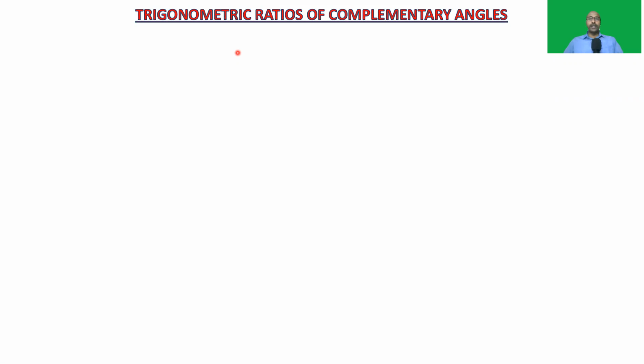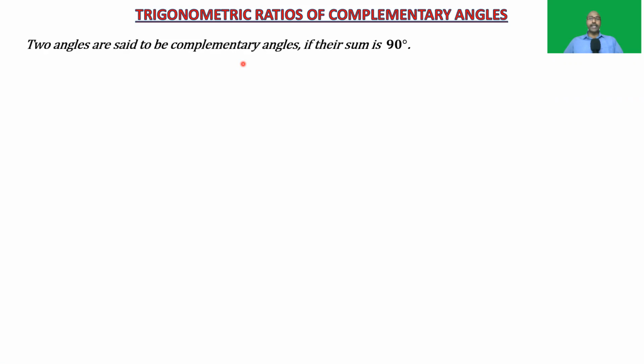Students, you know the meaning of complementary angles. Again, I am repeating: two angles are said to be complementary if their sum is 90 degrees. For example, 30 degrees and 60 degrees are complementary angles of each other.